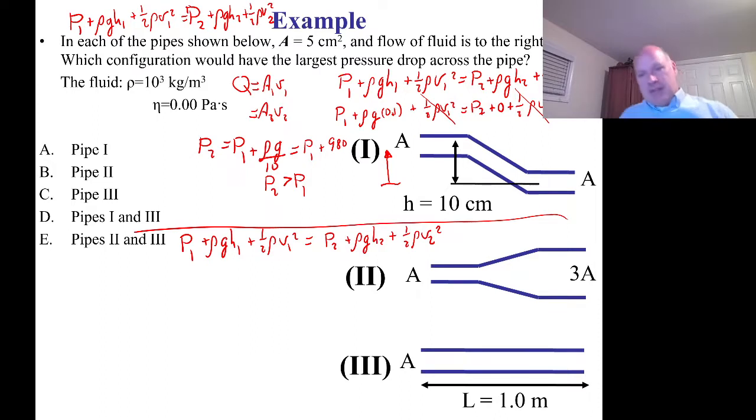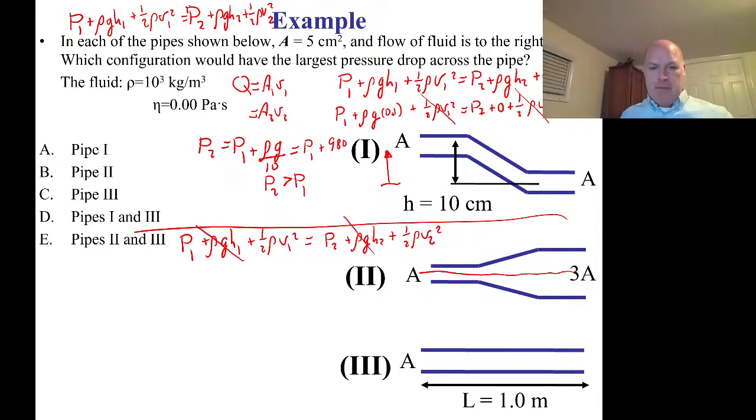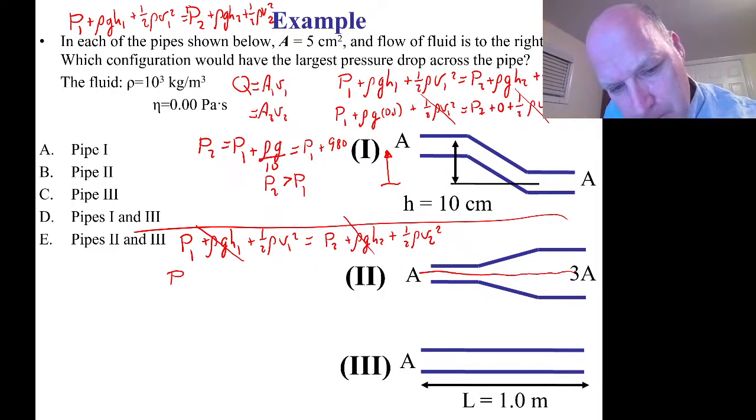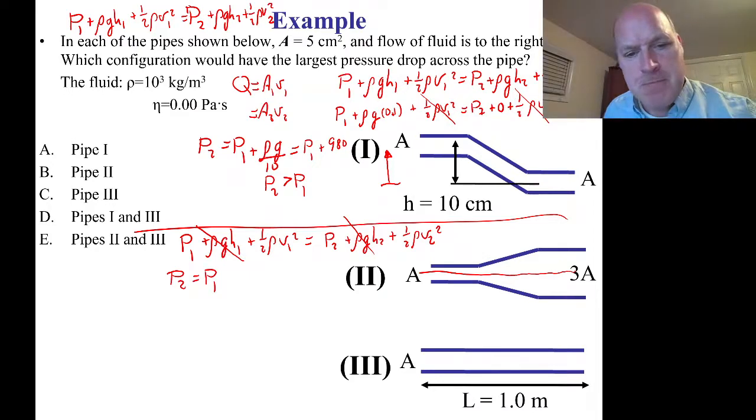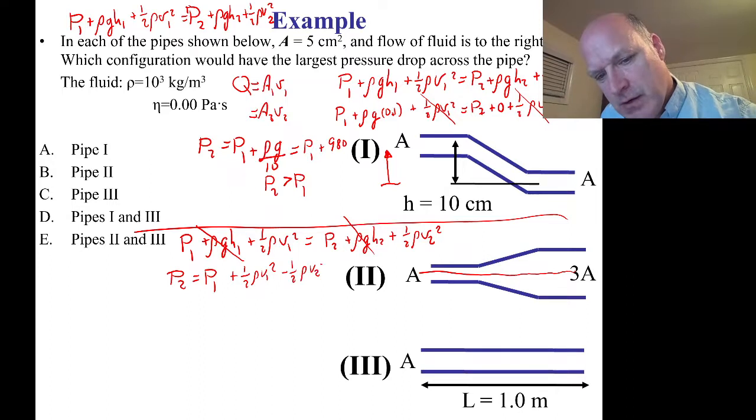The height stays the same, and because of that, the height terms cancel. We solve for P2: P1 plus 1/2 rho V1 squared minus 1/2 rho V2 squared.